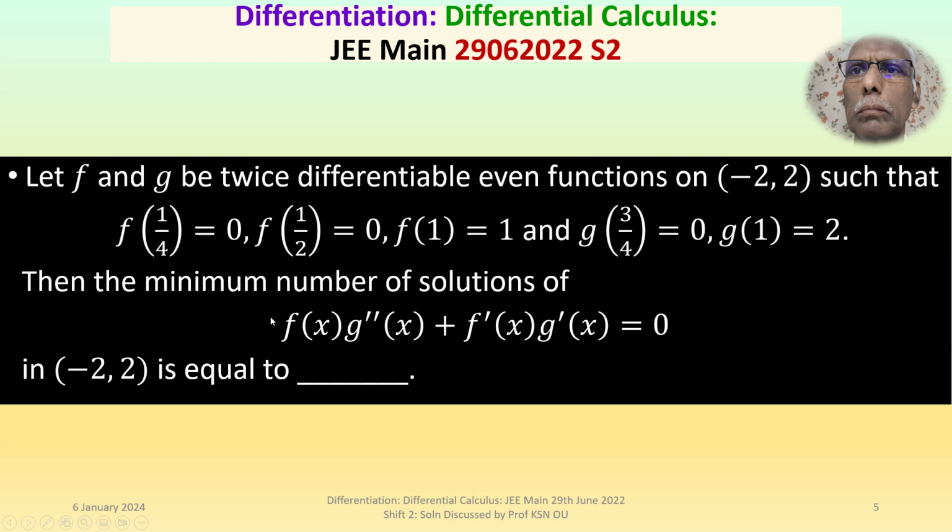Required to find the minimum number of solutions of f of x into g double prime x plus f prime x multiplied by g prime x is equal to 0 in the open interval -2 to 2.